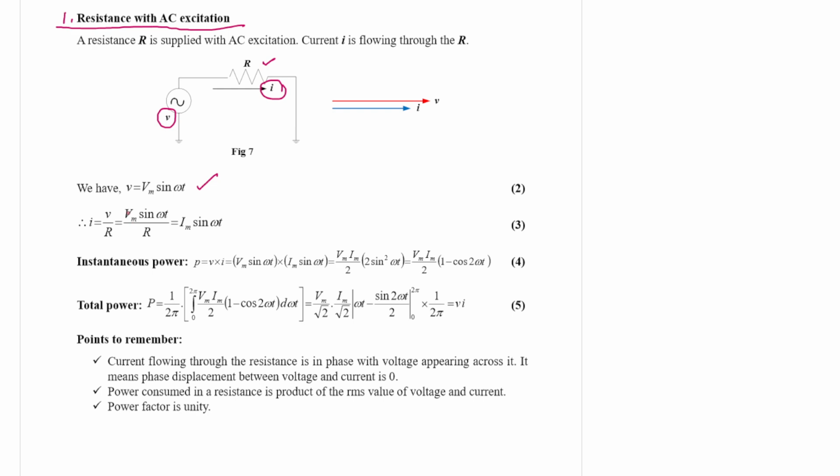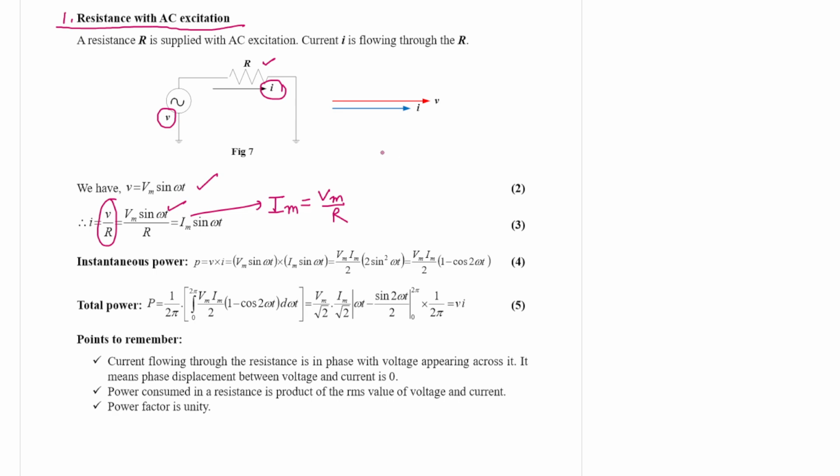So what is I? I is nothing but V by R. What is V? V is equal to Vm sin omega t. That divided by R, we can write Im sin omega t. So here, what is Im? Im is nothing but Vm by R.